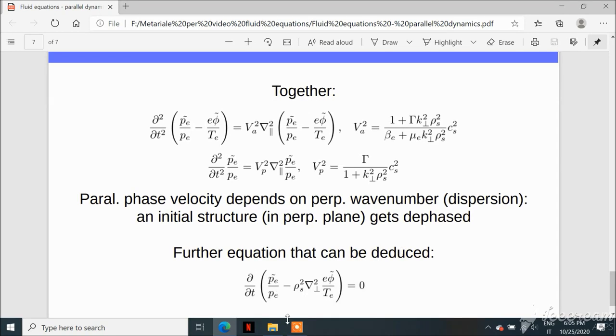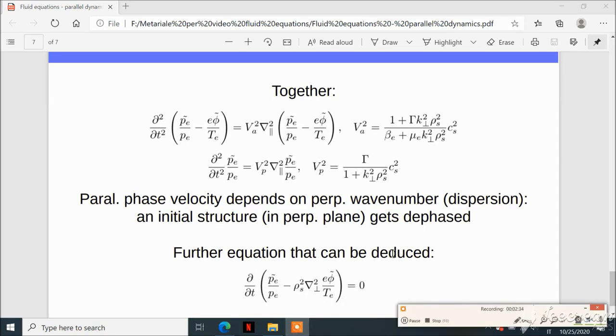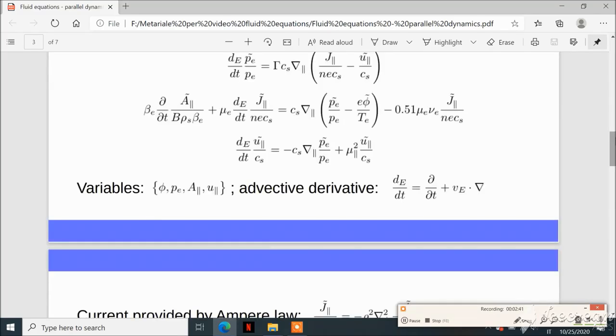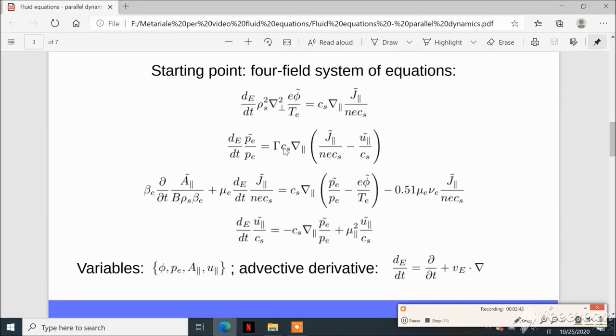And before concluding, I wish also to mention that there is another solution that can be found, and for this I come back to the slide with the four-field system of equations. If we consider the first two equations, you take the difference between the second and the first, and you neglect the parallel gradients, which can be reasonable if we are considering that the parallel gradients are much smaller, because maybe the parallel characteristic lengths are much larger than the perpendicular ones.